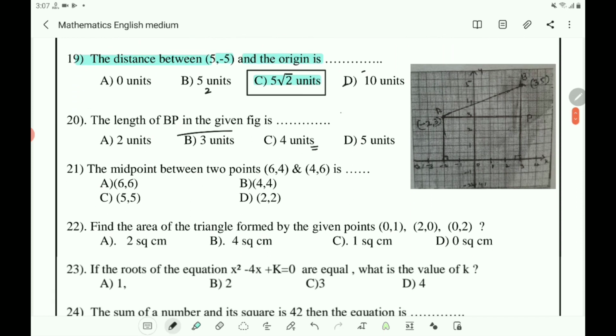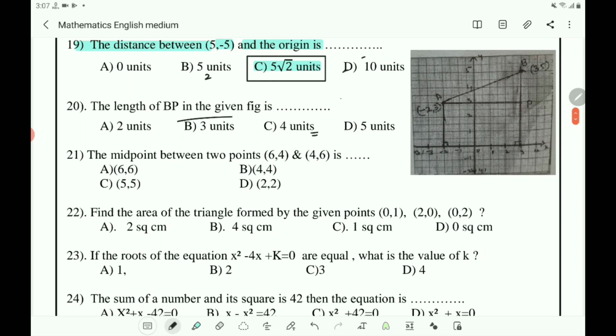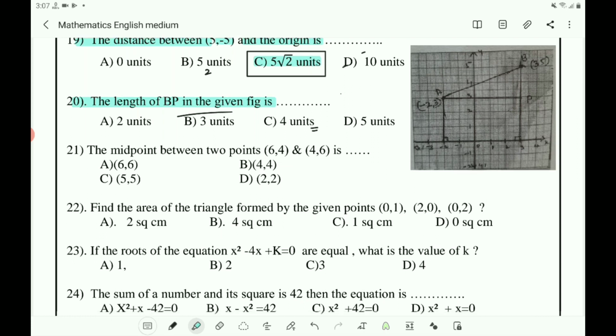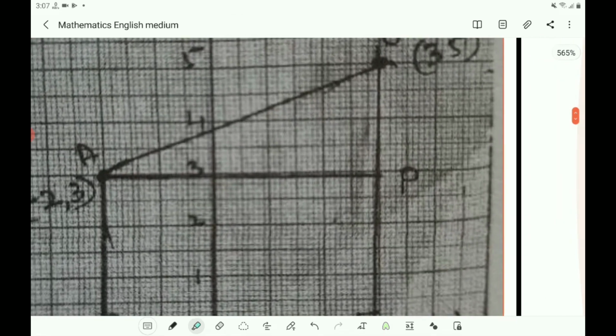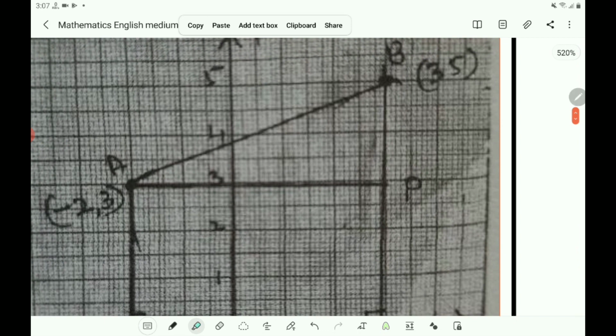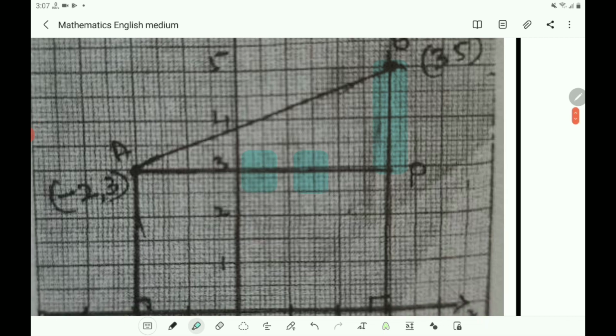Then next you take the length of BP in the given figure. Question number 20: the length of BP in the given figure. In the given figure, we have to find the length of BP. So here you observe the figure, BP is here. Here we have taken 1 centimeter for 1 unit.